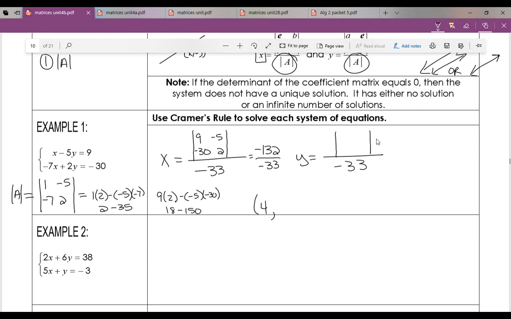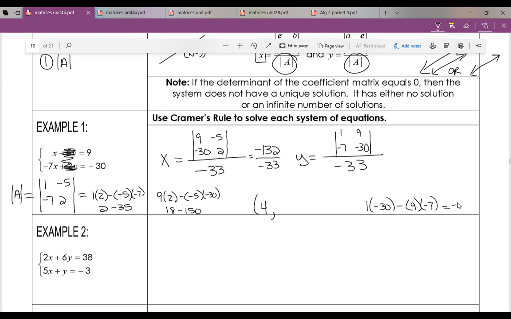When I move to the numerator of my Y's, I cannot use any number attached to Y. So I am going to list the X numbers, so 1 and -7, and I'm going to use my constant numbers to fill in the gaps for the Y numbers that I cannot use in the numerator for Y. Then I'm going to do my determinant, 1 times -30 minus 9 times -7.